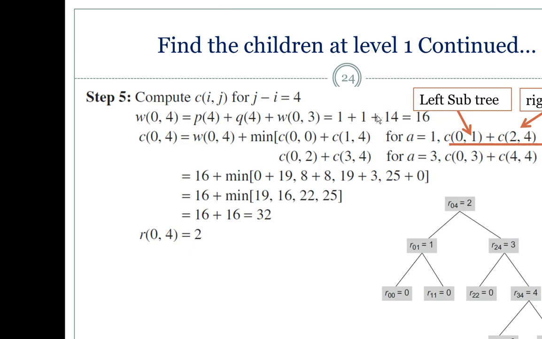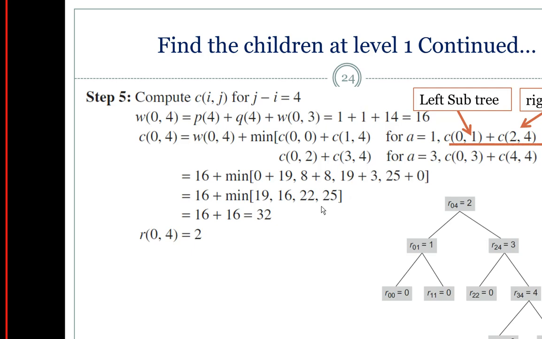Here the cost of 04 is calculated by using C of 01 and C of 24. So C of 01 is the left subtree of the root node, and C of 24 is the right subtree. See, this is the root node.